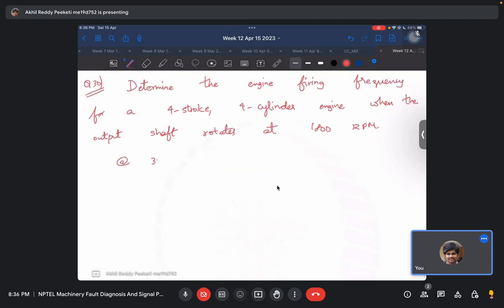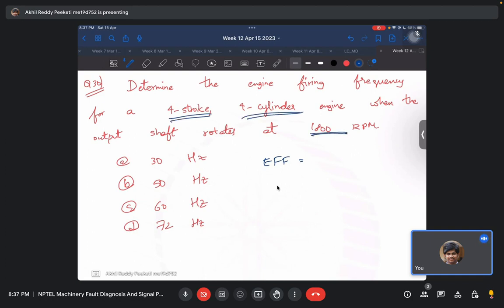Options are 30 Hz, 50 Hz, 60 Hz, 72 Hz. So what should be the engine firing frequency for a 4-stroke 4-cylinder engine rotating at 1800 RPM?